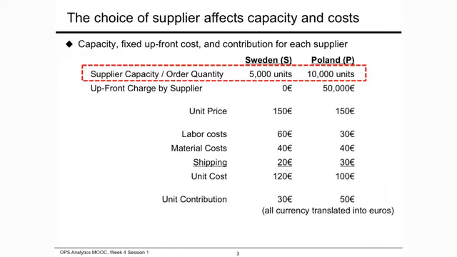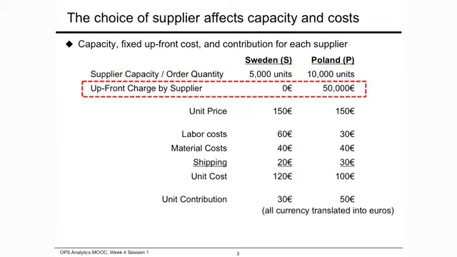They have different capacities. You can see that Supplier S has 5,000 units of capacity, and if IDEA contracts with it, it will order 5,000 units of the tent. Supplier P has 10,000 units of capacity, and if IDEA contracts with it, it will order 10,000 units of the tent. The 2 suppliers also have different upfront charges to IDEA.